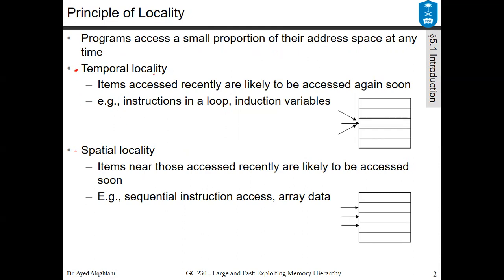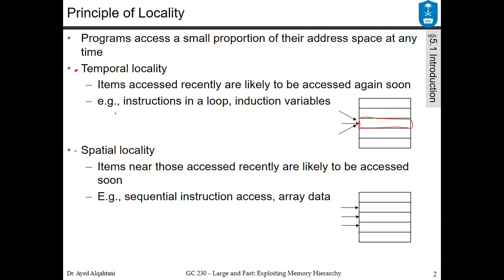The temporal locality means that items accessed recently are likely to be accessed again soon. As you can see here, we access one time, and most likely we'll access another time and another time. We access the same exact location in the memory.